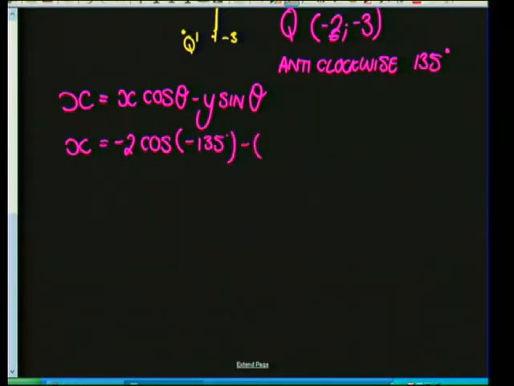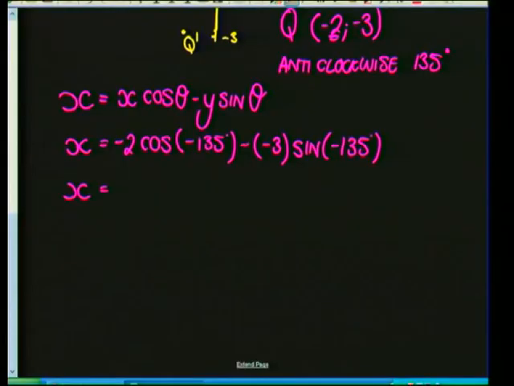The value for y that we're working with is -3, and it's going to be sine of -135. Okay. Right, okay, so now all we've done, I'm sure you can see, is we've substituted the coordinates of x and y, and the angle of rotation into your formula. From here, guys, it's a case of just careful working out. Okay, let's have a look and see what we get when we work it out.